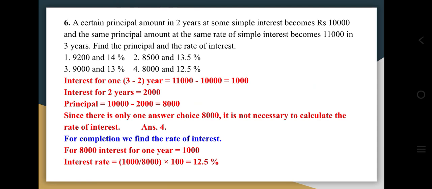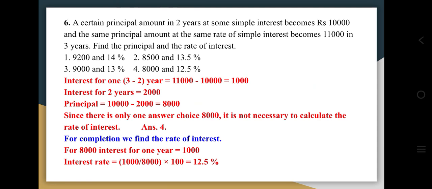So even without calculating the rate of interest, we can come to the conclusion that the answer choice is 4, because in the answer choices only the 4th choice has the principal amount 8,000. But for the sake of completion, we find the rate of interest.